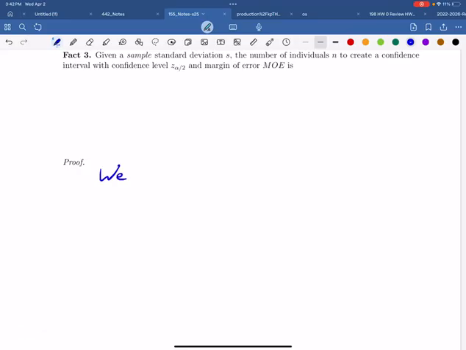We know that the margin of error equals, in our case, Z times the standard error, which is Z times s over root n.